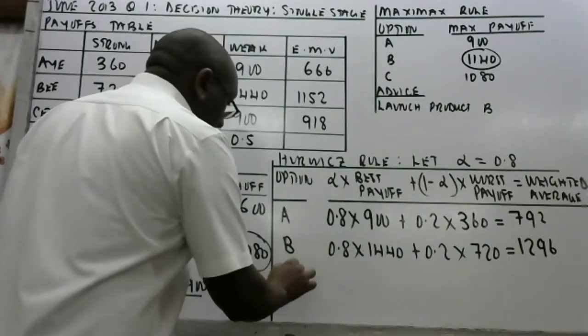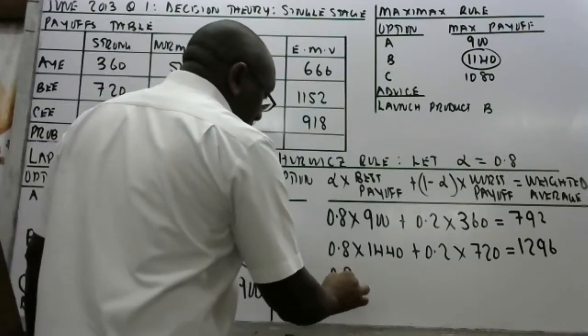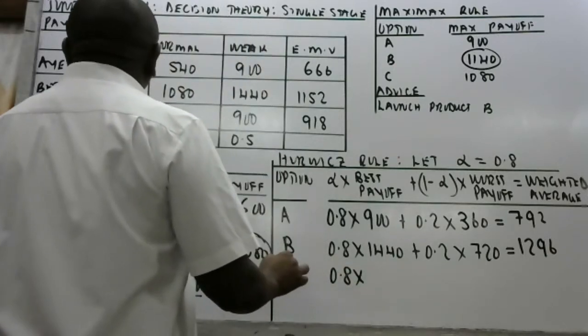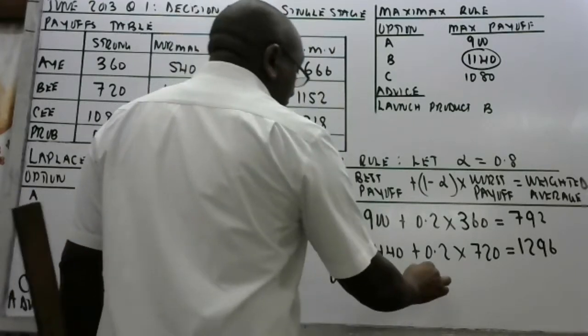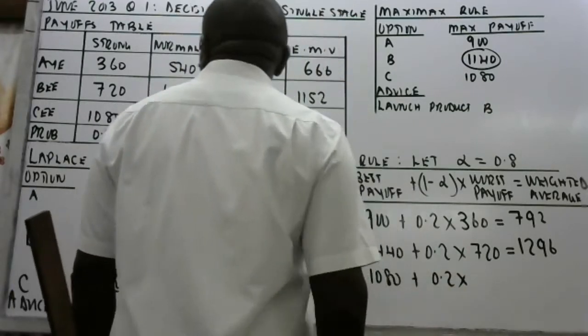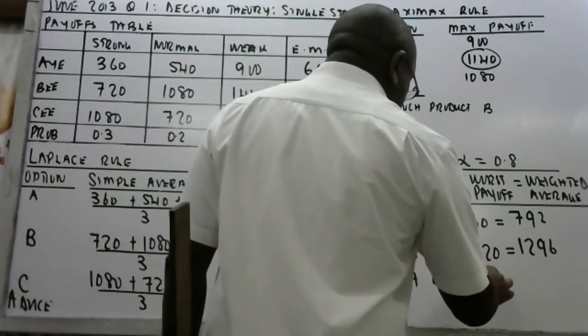We go to C. C, I have 0.8 times the best there. The best is 1080 plus 0.2 times the worst. The worst there is 720 again.